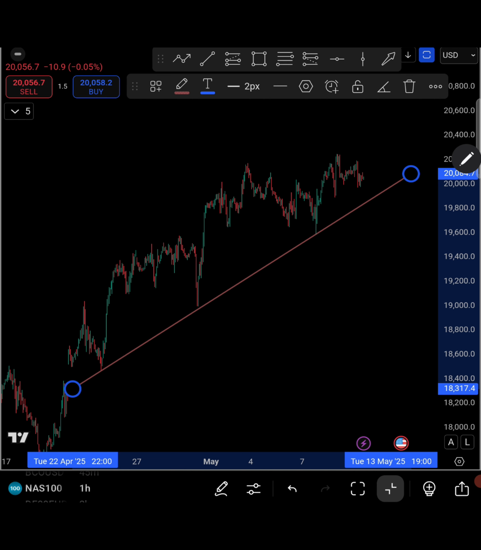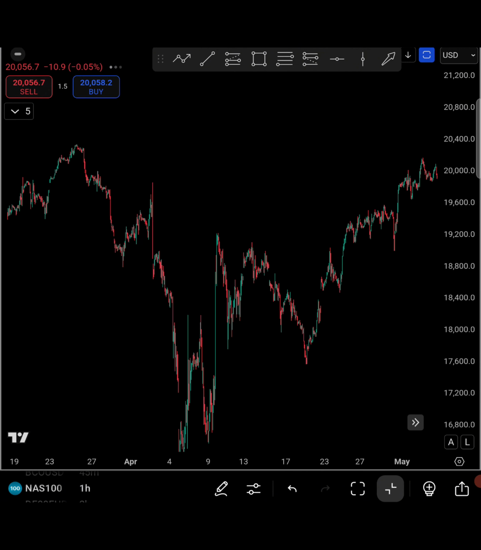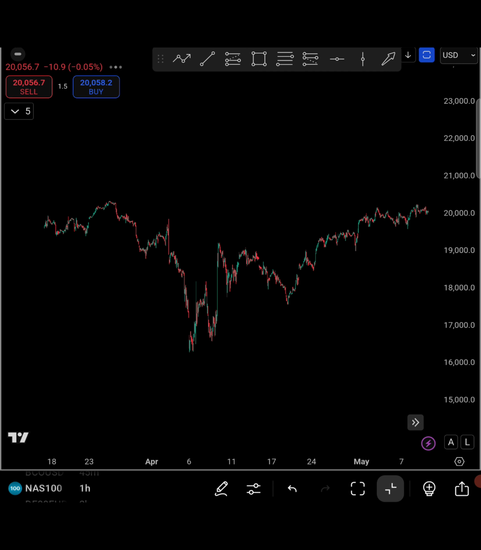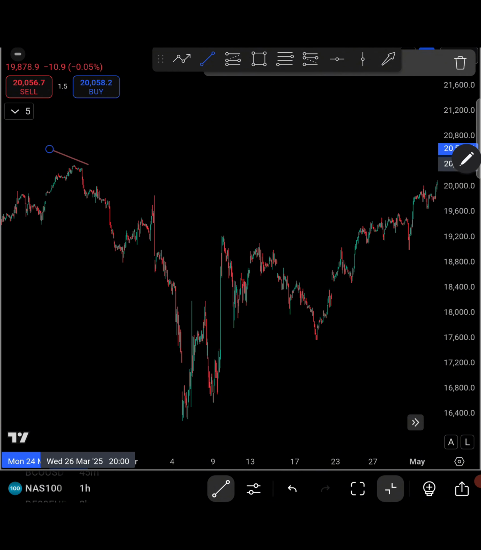And for the downtrend, same thing, but it's the resistance you can have right here.